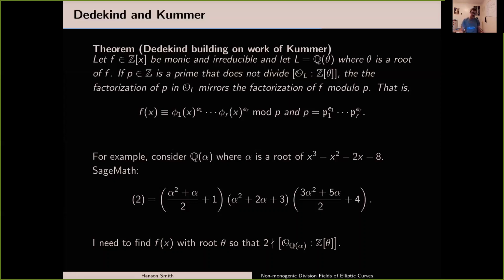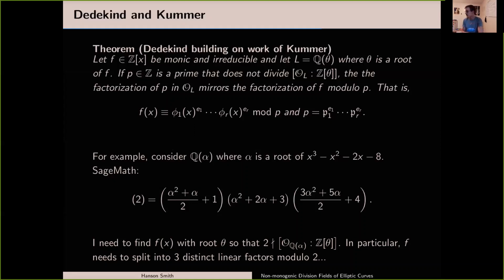So I can find a theta with minimal polynomial f so that f splits into 3 distinct linear factors mod 2 to mirror the factorization of the prime 2 in my number field, right? That's what this theorem of Dedekind and Kummer says.